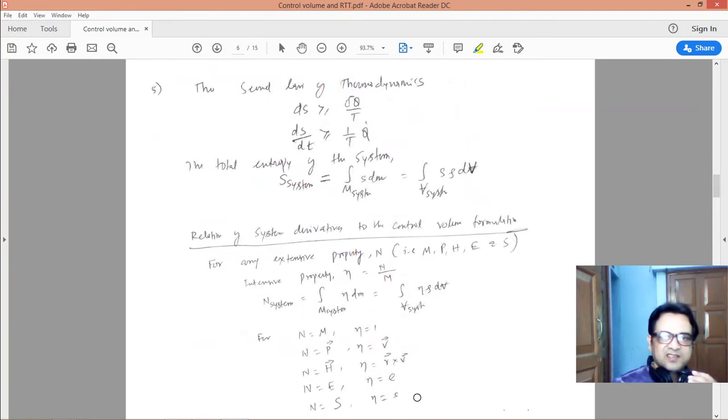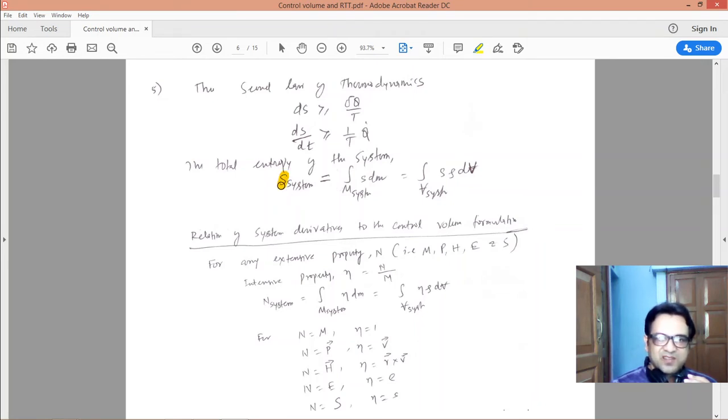And the last physical law is the second law of thermodynamics. Basically this is the entropy principle, which states that the change of entropy is always greater than or equal to heat transfer divided by absolute temperature. So the rate of change of entropy is greater than or equal to the rate of heat transfer divided by absolute temperature.